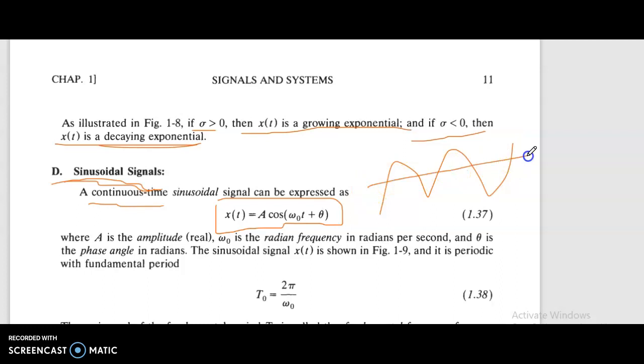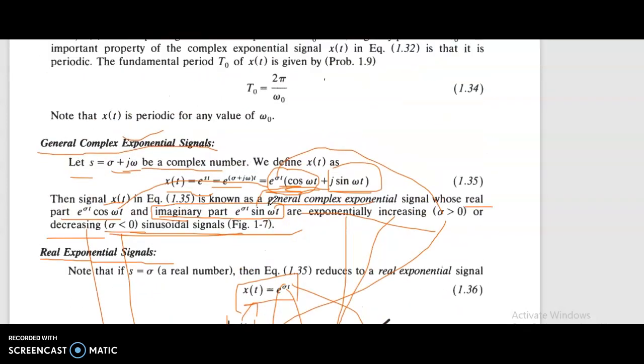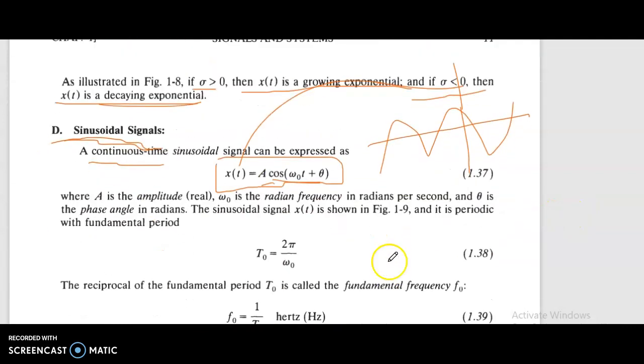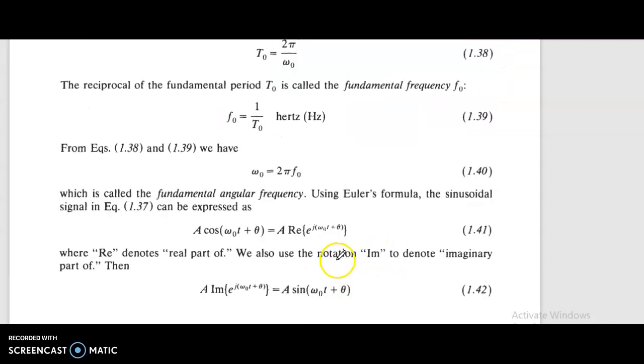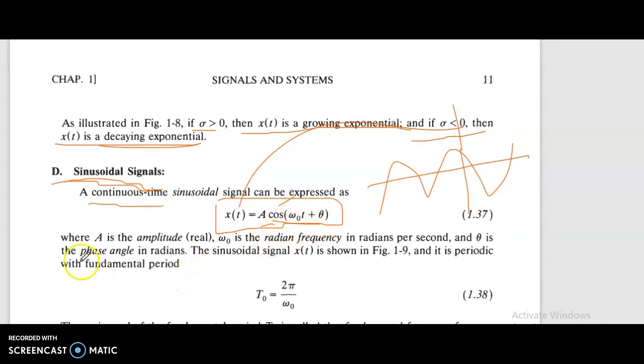Recall the cos omega t term from the real part earlier. Here A is the amplitude.